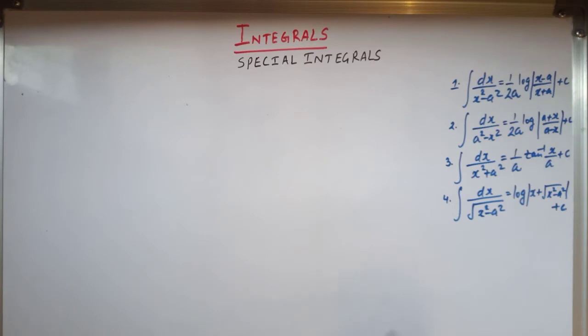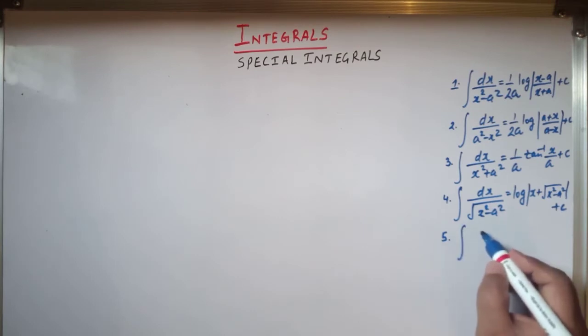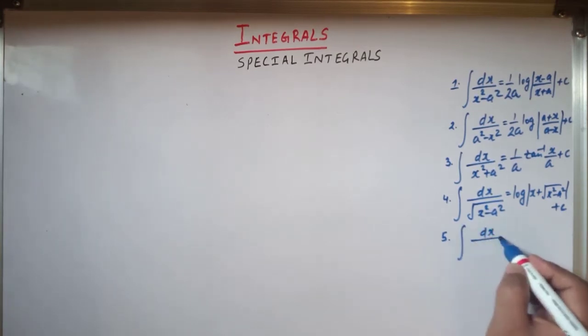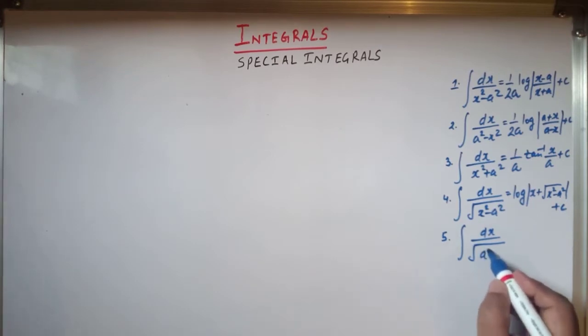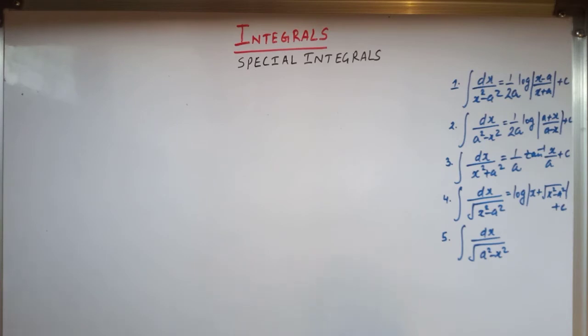Clear? Now the fifth integral is, suppose we have to integrate 1 over square root of a square minus x square, then it is equal to sine inverse of x over a plus c. Okay?